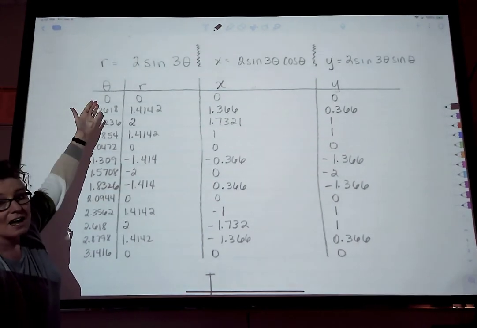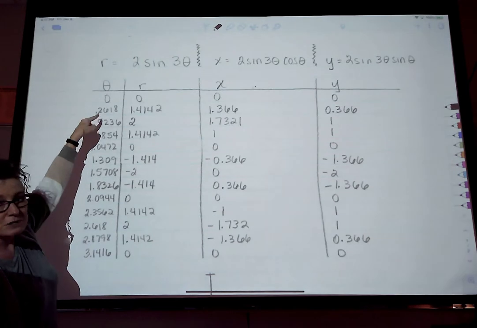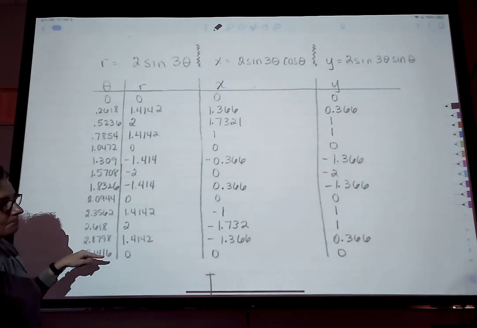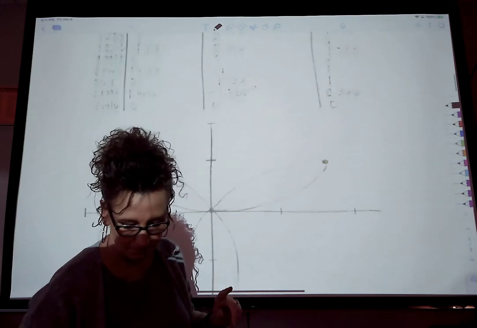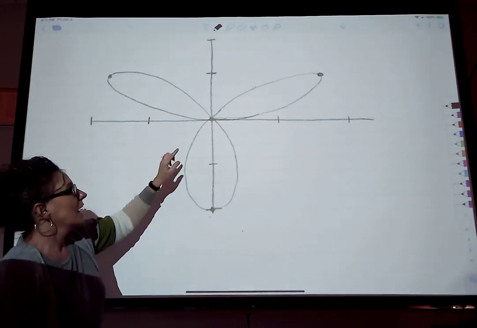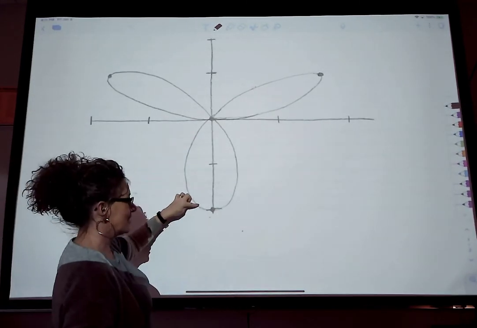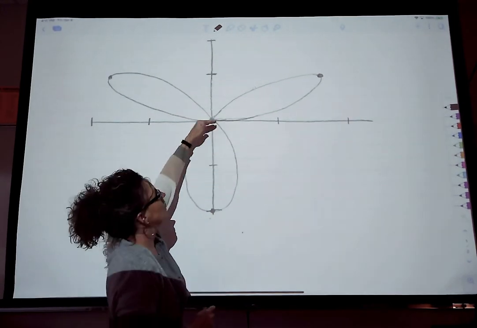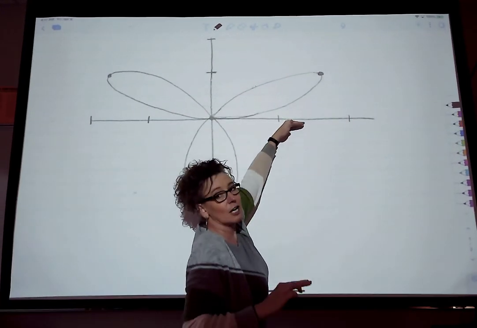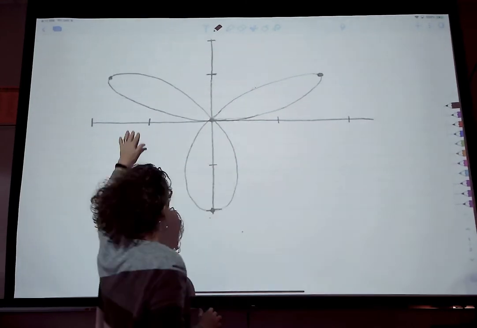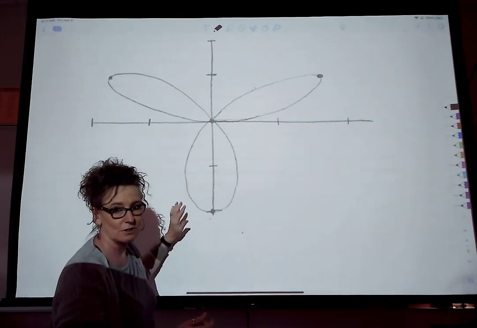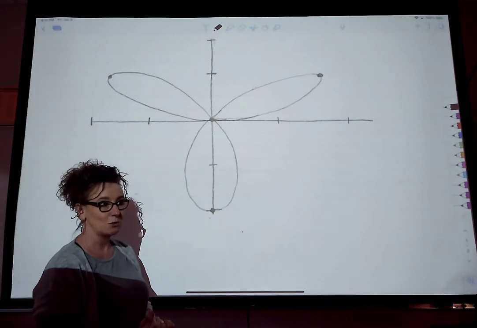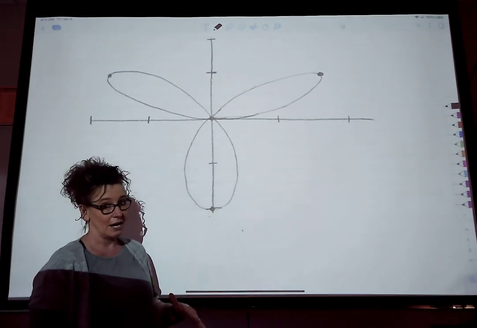Because if theta is restricted from 0 to 180, how are you going to get a graph down here? Because you can't use a radius, comma, angle between 180 and 270. Your angle has to stay between 0 and 180.